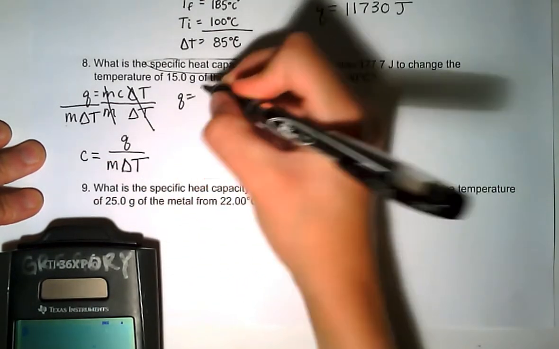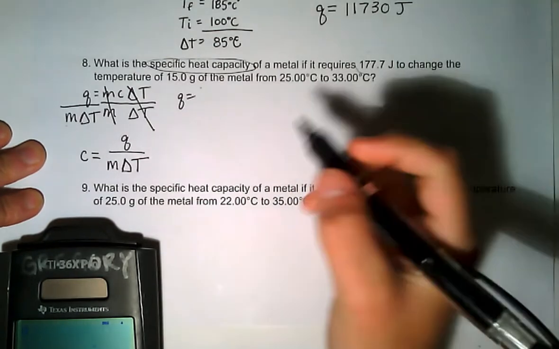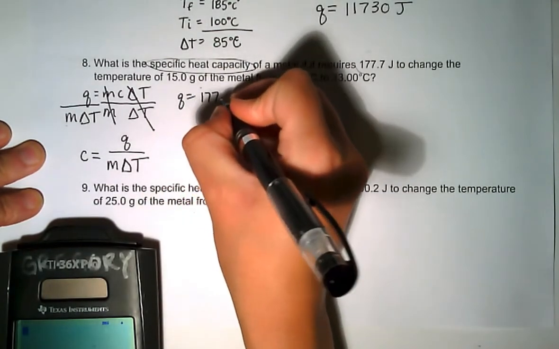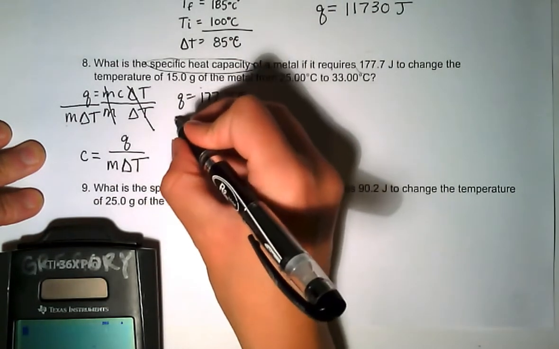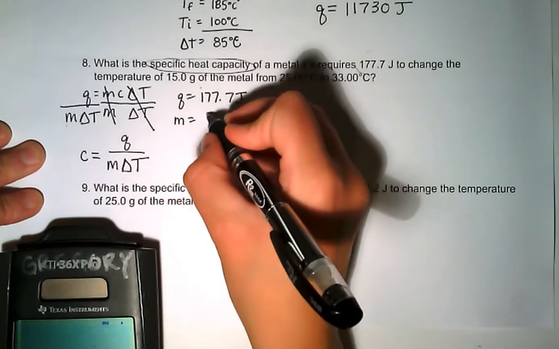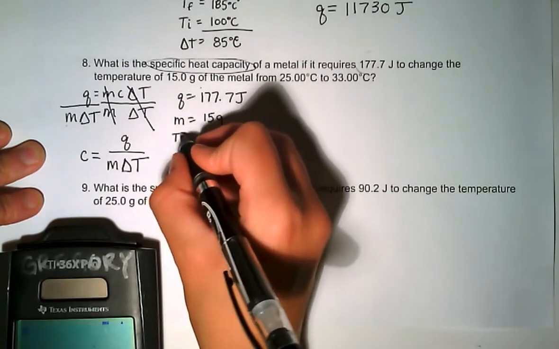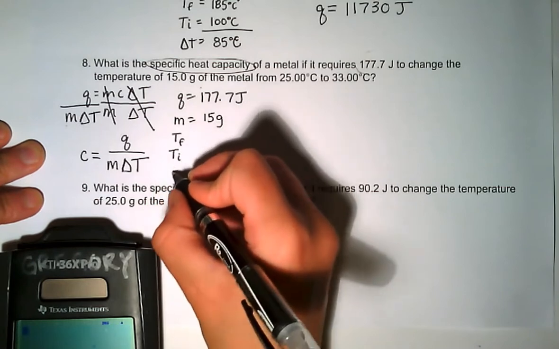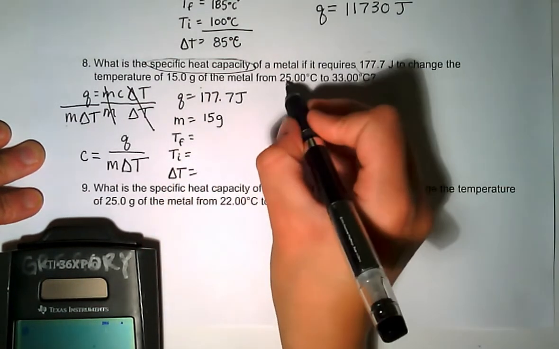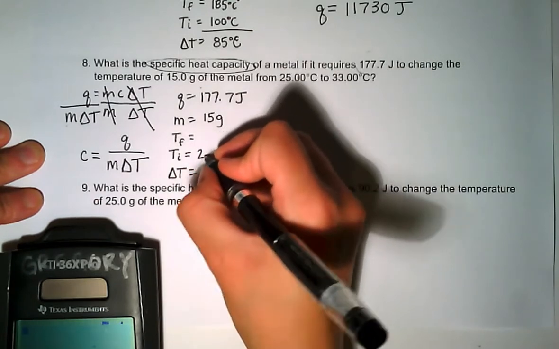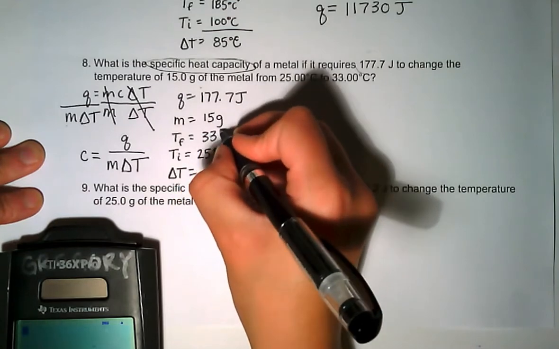So now we just need to figure out what all these values are. Our value of Q is our amount of energy, 177.7 joules. Our value of M is 15 grams. And our value of delta T is going to be T final minus T initial. So 25 degrees Celsius is our initial, to 33, so that's our final temperature.